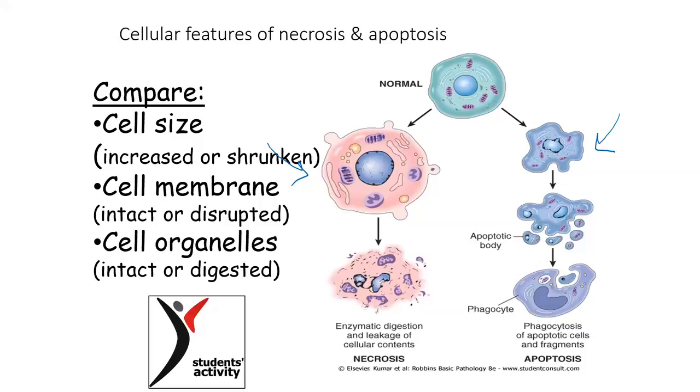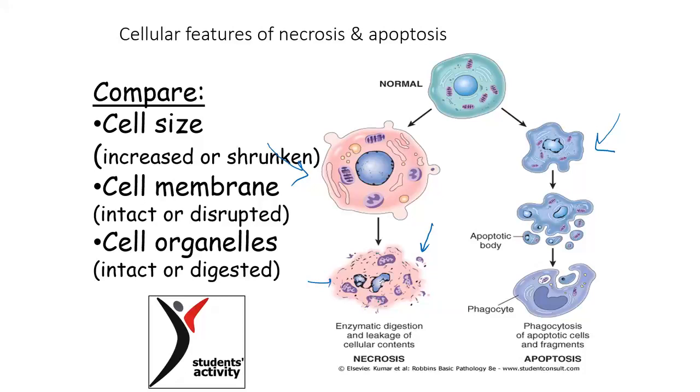Look at the cell membrane, which is intact and which is disrupted. The cell membrane here has convolutions, but it is always intact. Look at the necrosis, you have a disrupted membrane, and this will lead to leakage of the contents outside. And this will elicit inflammation in case of necrosis. Cell organelles, which is intact and which is digested?